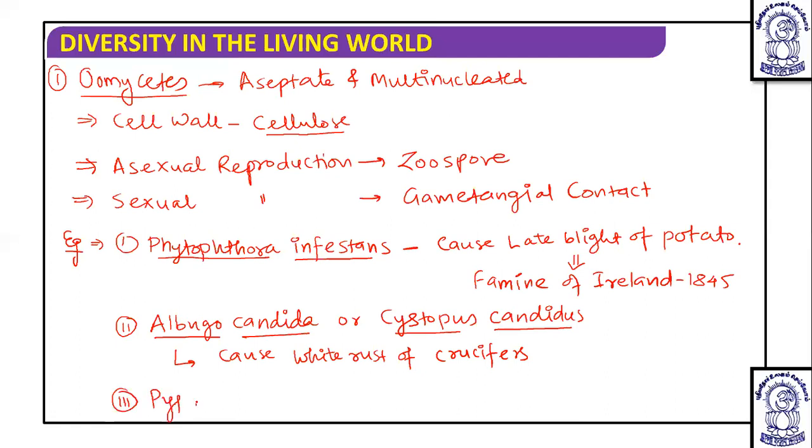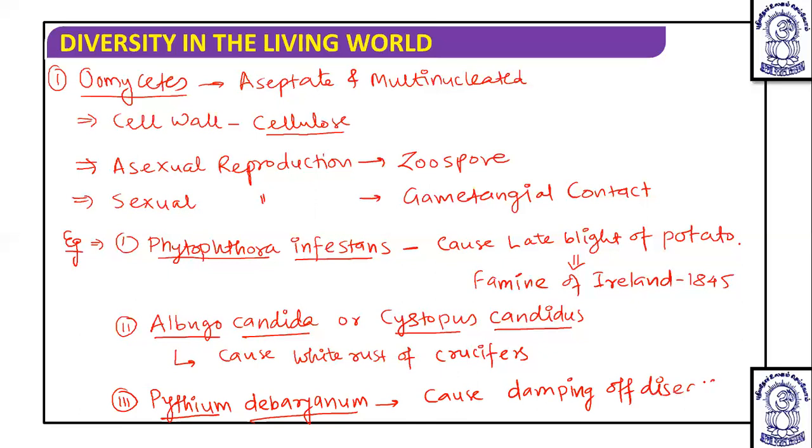So when we talk about this Pythium species, that is Pythium debaryanum, this Pythium debaryanum specifically causes damping off disease. And in this damping off disease, what happens? The stem gets broken up.